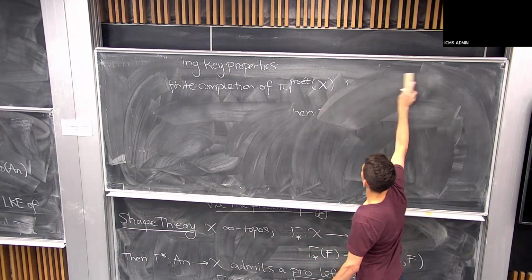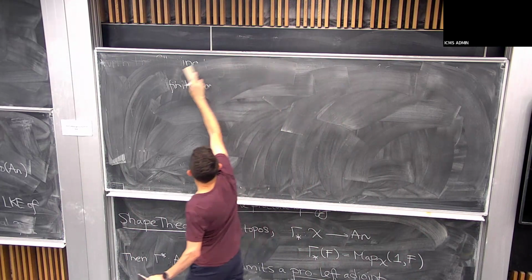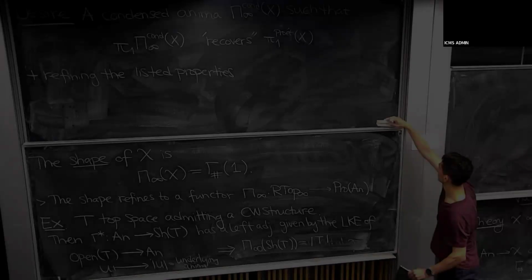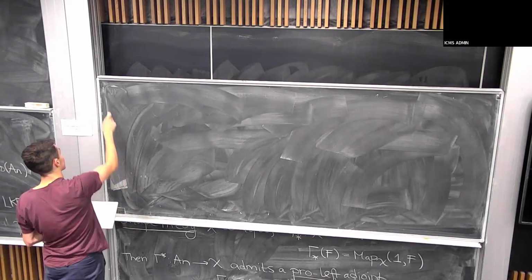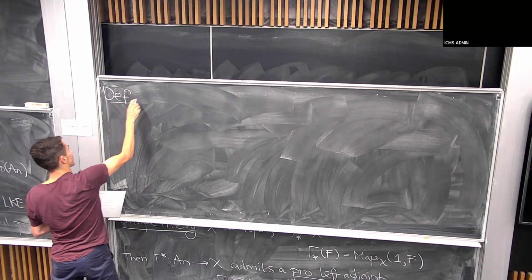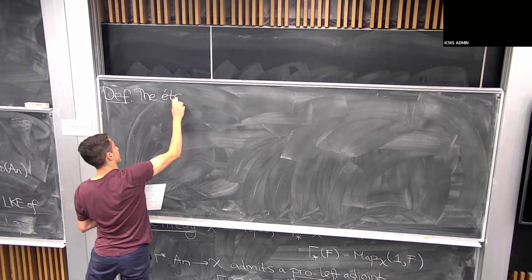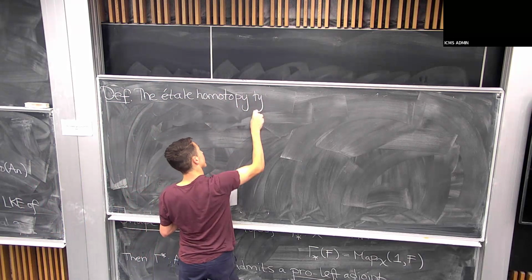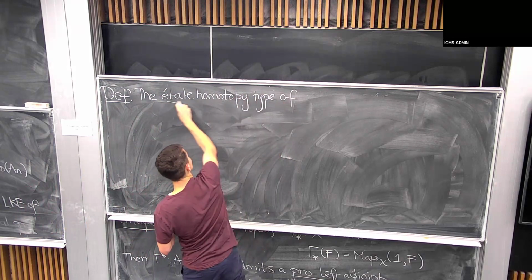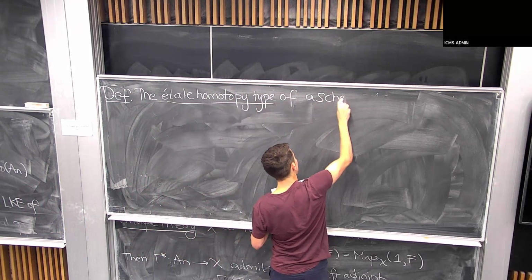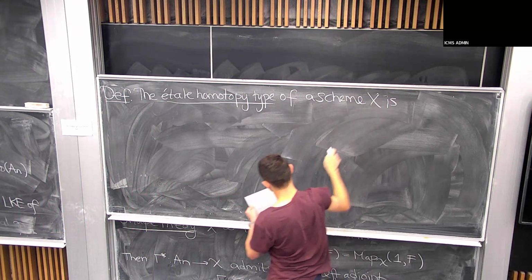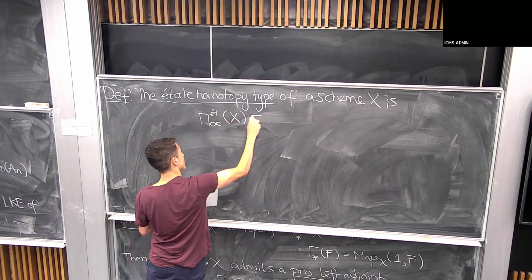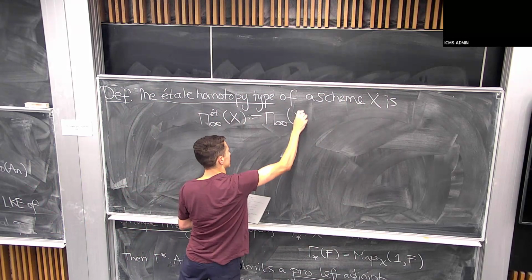A priori you have no reason to know that answer is reasonable, but then they showed it is. So the definition is that the étale homotopy type of a scheme X is pi infinity étale, the shape of this étale infinity topos.